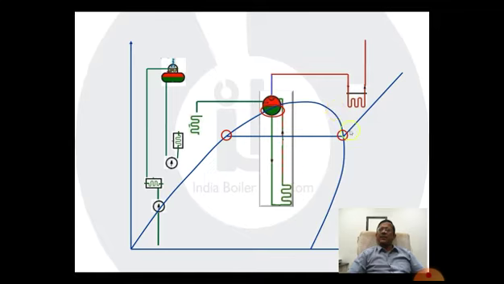But if I ask you where would be the saturated steam here, the saturated steam would not likely be found here because the separators are not expected to work with 100% efficiency. Therefore, we might find some amount of water here.